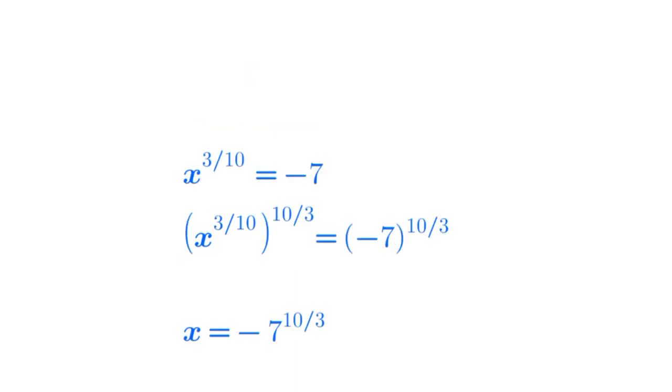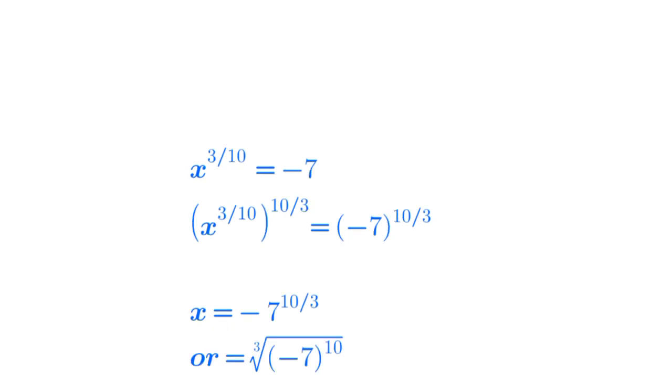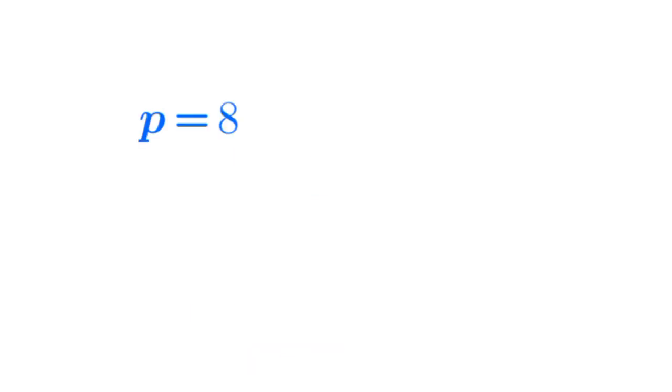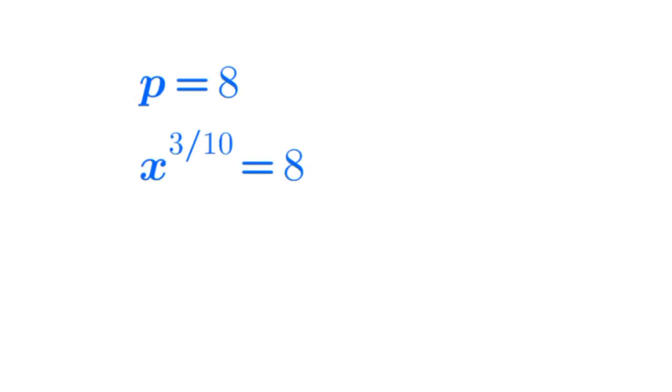Or you can say our x is equal to the cube root of (-7)^10. Now when p is equal to 8, we can say our x^(3/10) is equal to 8. Then again we can say our 8 is equal to 2^3.